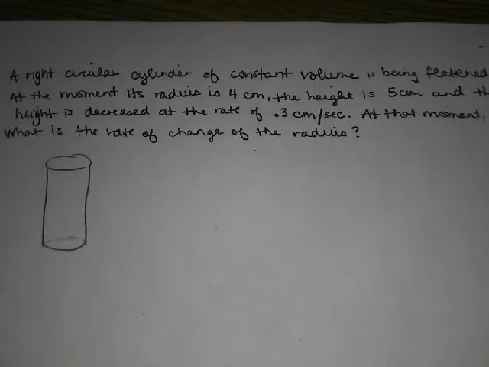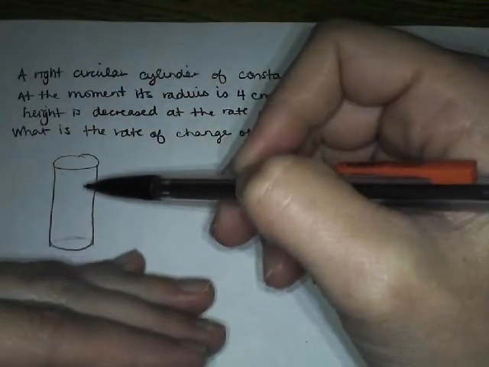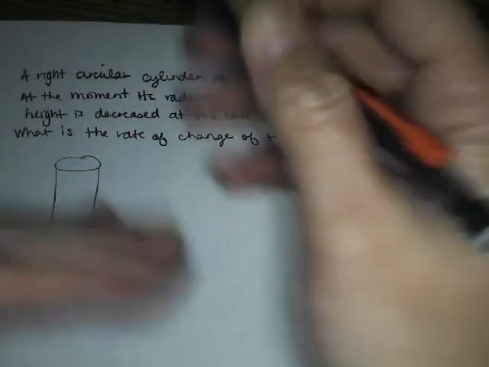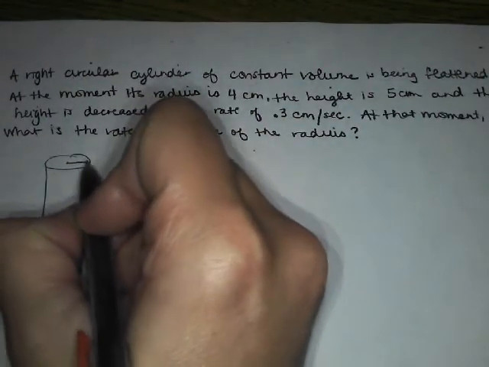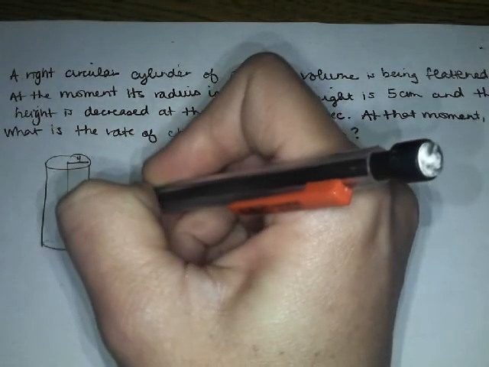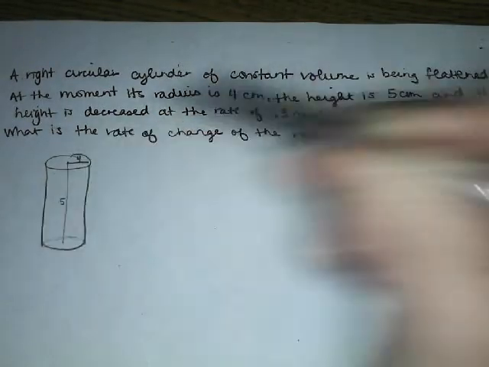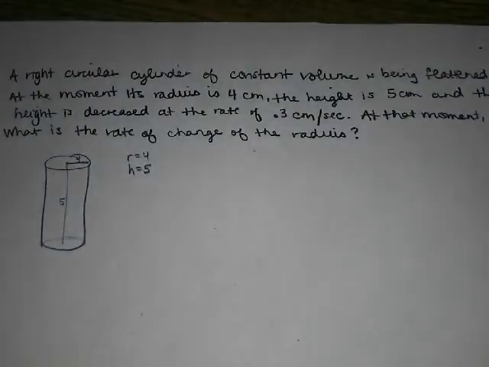So as we flatten the height, what's going to happen if we have to maintain the same volume? It's going to get fatter, exactly. At the moment, its radius is 4, and the height is 5. Now that's just at the moment. Radius is 4, height is 5. Those are both changing, right?